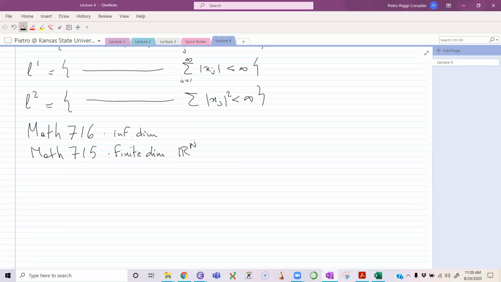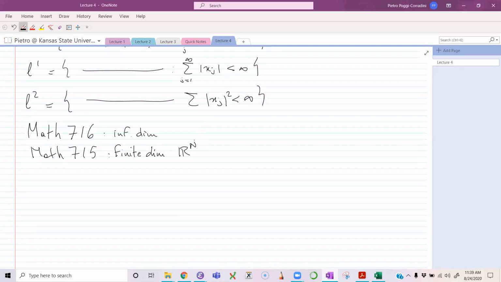But you should keep in mind that a lot of what we're seeing in Rn can be generalized to function spaces, to sequence spaces, etc. Not everything, but a lot can be generalized, and Rn is the origin of everything. That's where it all started.